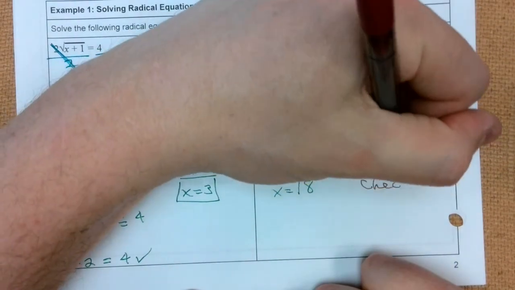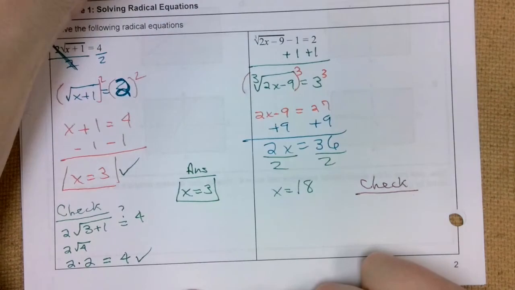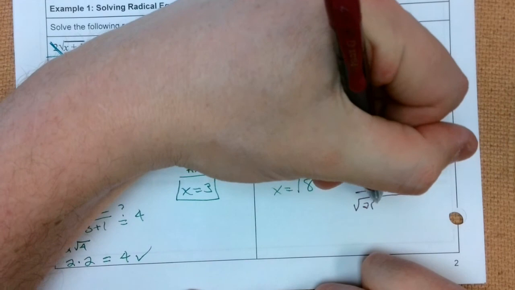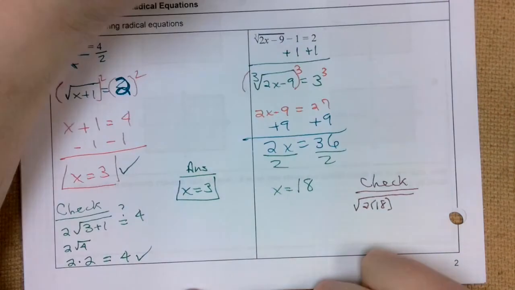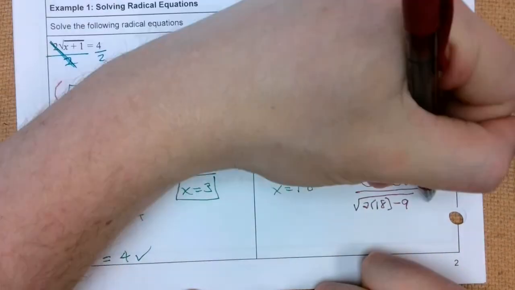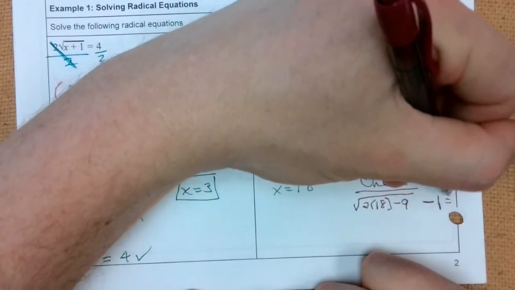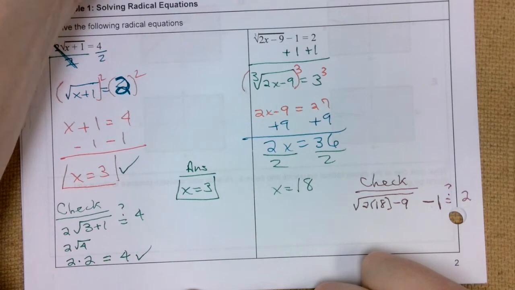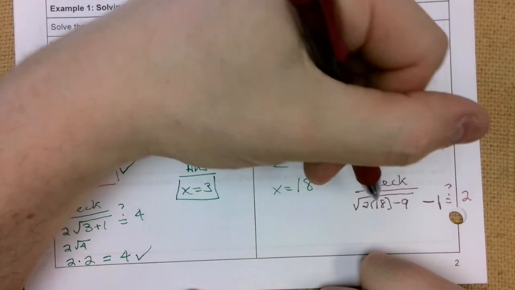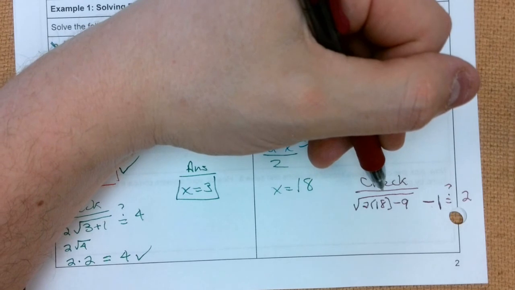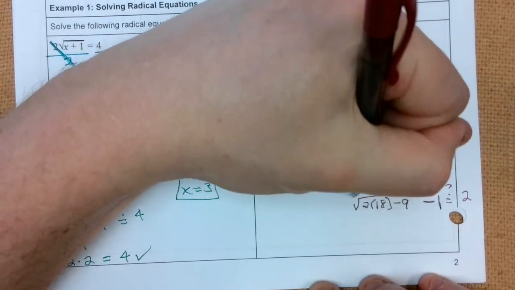All right. So cube root of 2 times 18 minus 9, and then outside we got a minus 1. And we are checking to see if that equals 2. Well, 2 times 18 is 36. So, cube root, sorry, forgot about that.